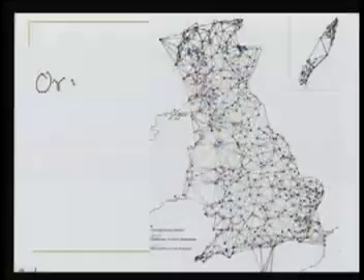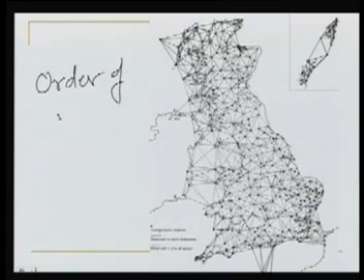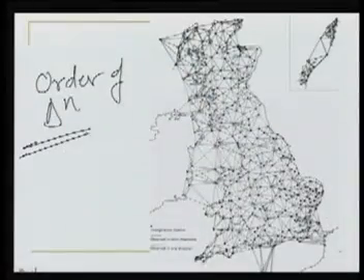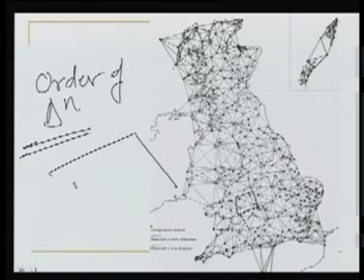Now we will look into the order of triangulation. For example, let's say for the United Kingdom, this is the very first triangulation network which we are seeing. If we want to work in between, this area is a quadrilateral here.